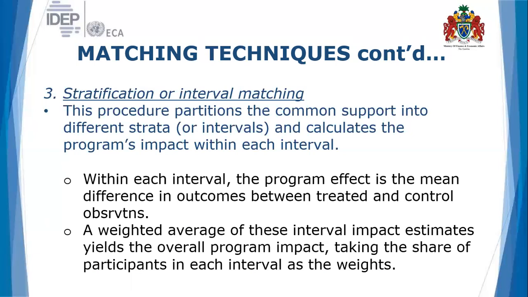A weighted average of these interval impact estimates yields the overall program impact, taking the share of participants in each interval as their weights. So the matching computation is done first within the strata, and then the average of all the strata is taken to represent the program impact.